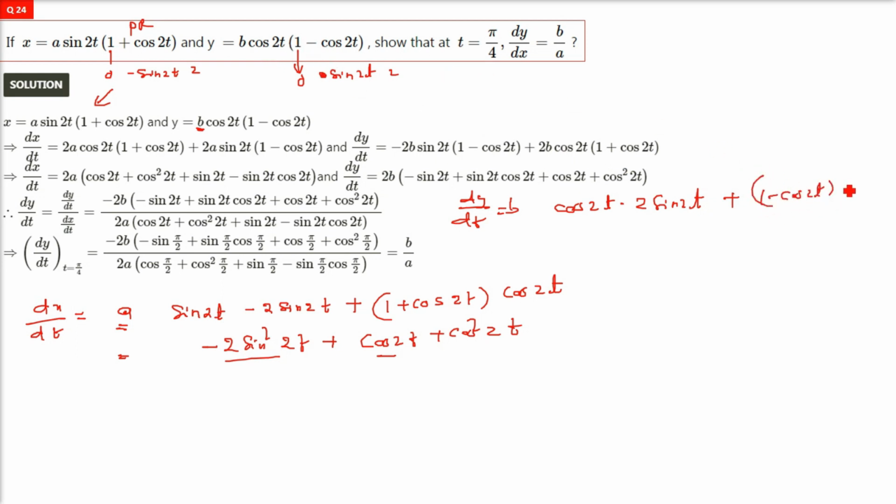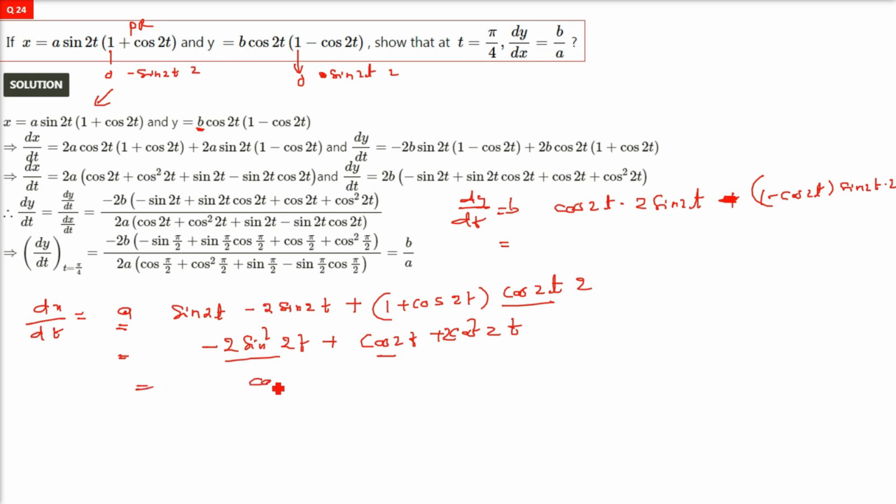So here we have minus sin 2t. And then we have the differentiation of 2t, that is 2. Okay, so we have 2 sin 2t cos 2t. You can write sin 4t, but I don't think it is necessary because we already know that t equals pi by 4 we have to keep. So just differentiate and keep the value.